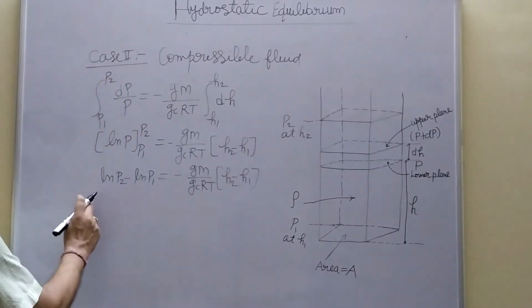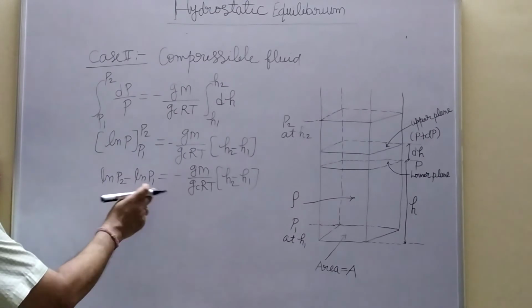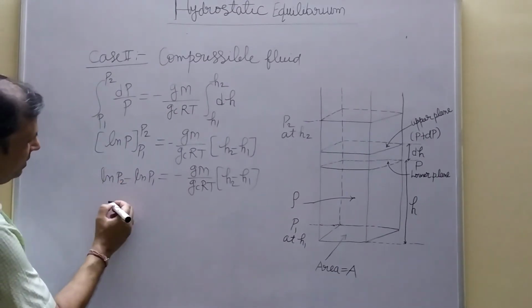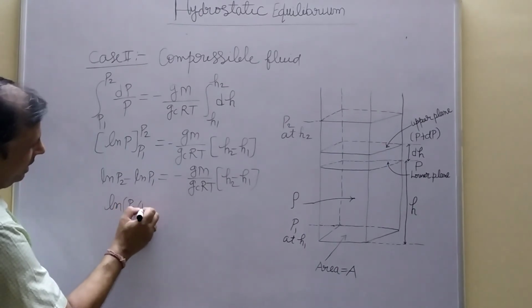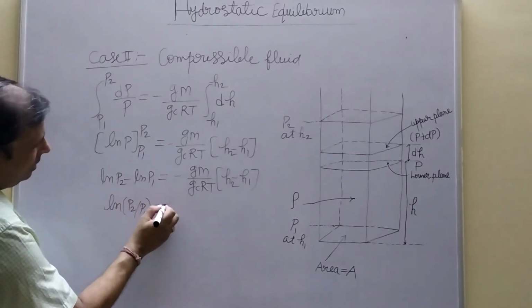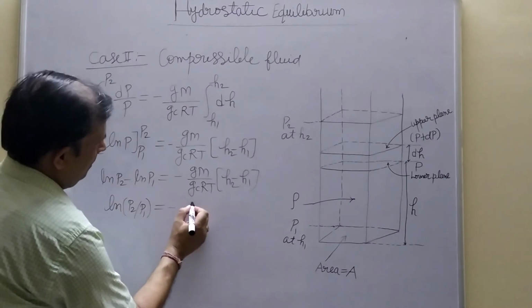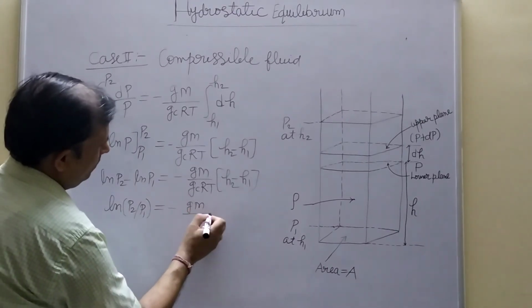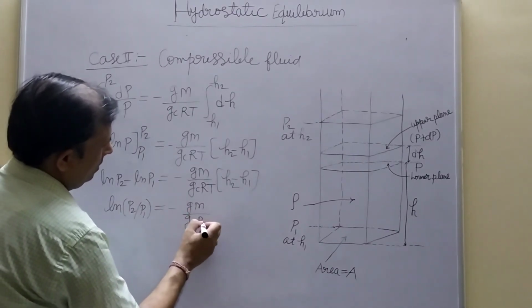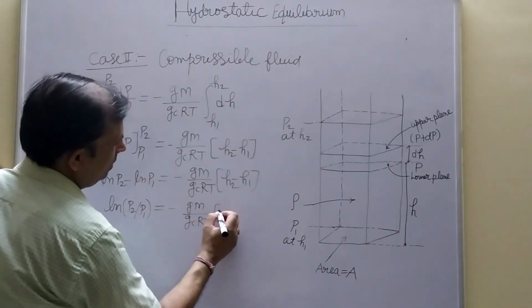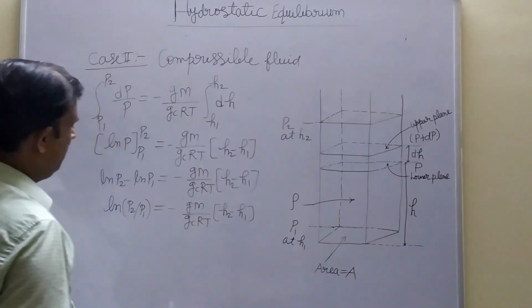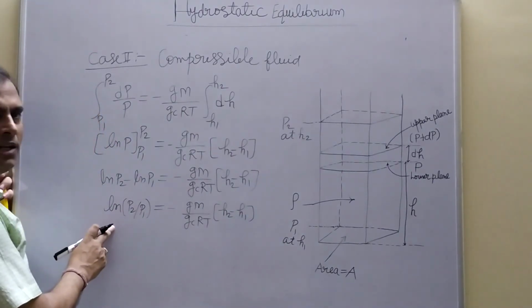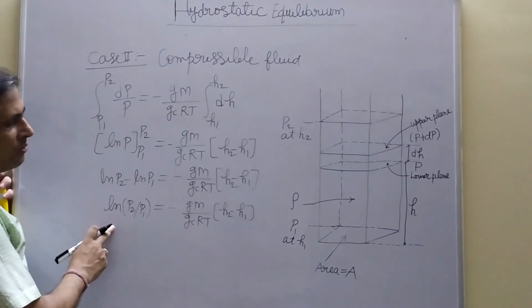By using logarithm rules, we can write this as ln P2 divided by P1 equals minus g M by gc R T times h2 minus h1.